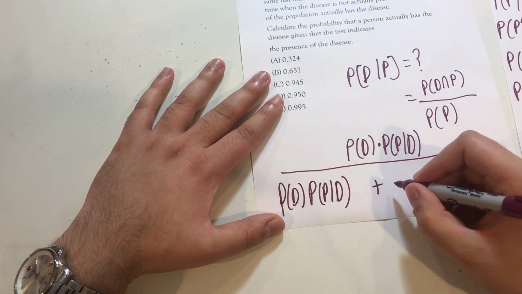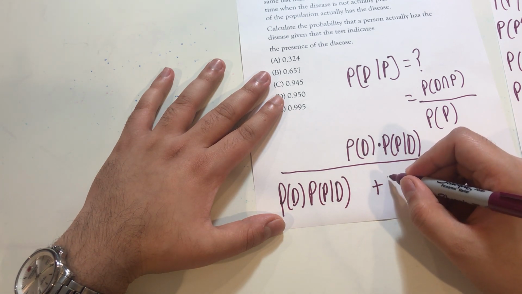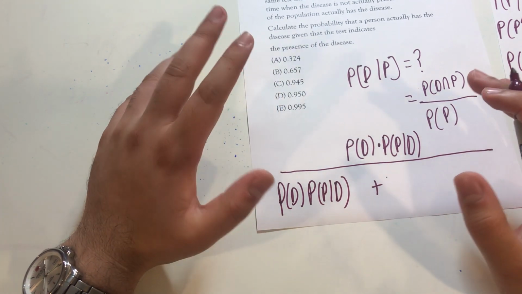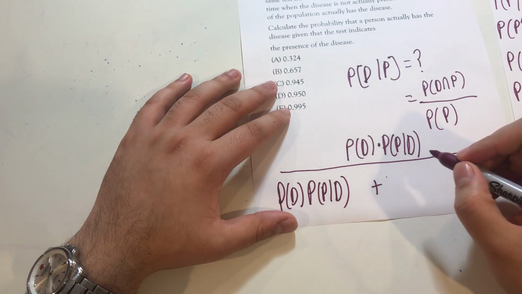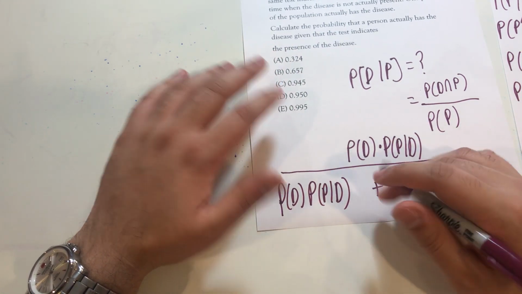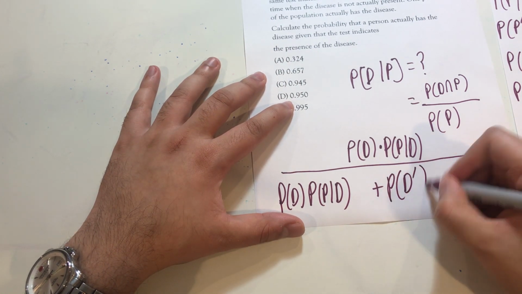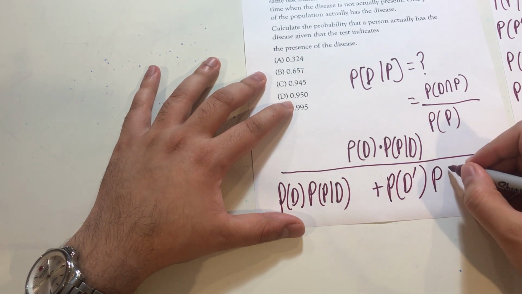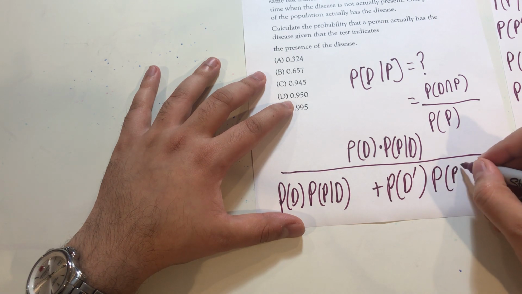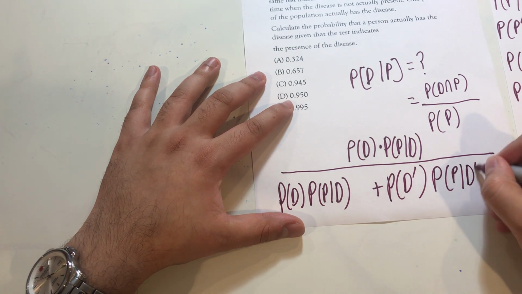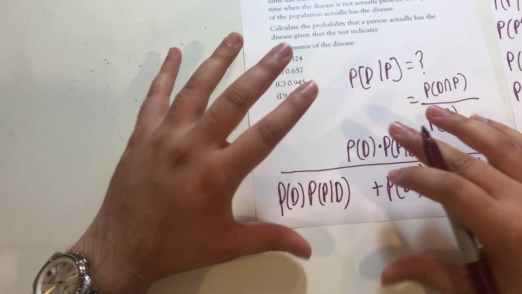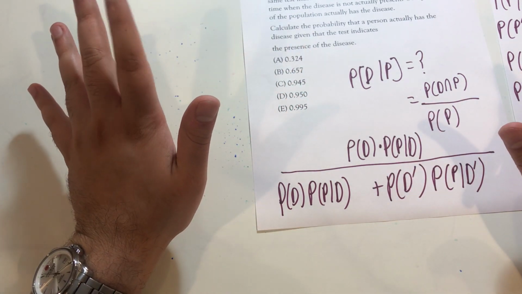plus the probability that they test positive for the disease given that they don't have it, multiplied by the probability that they don't have the disease. So the probability of D complement times the probability of testing positive given you don't have the disease. This is a very common application of Bayes' theorem.